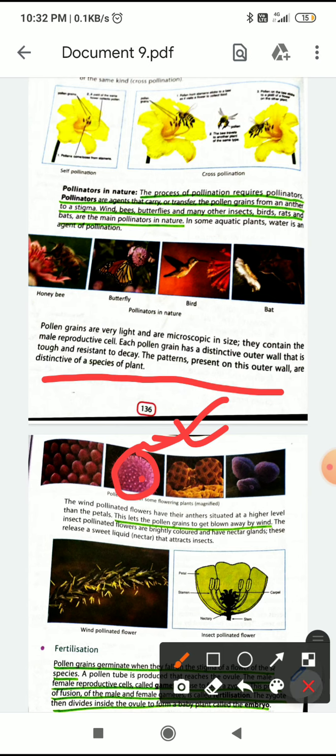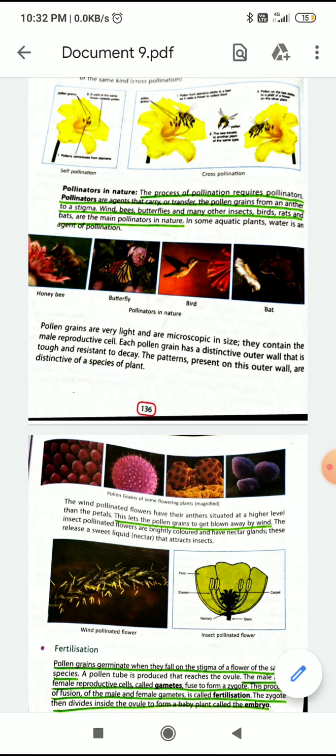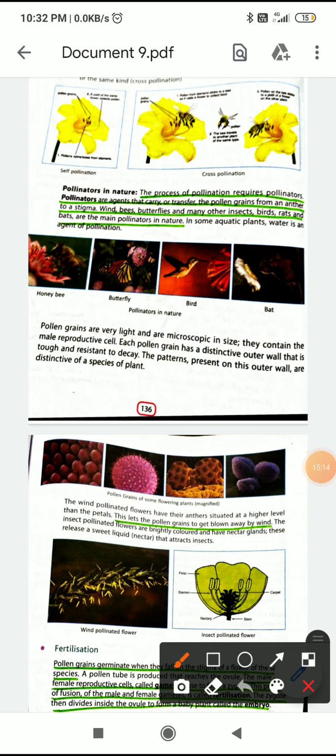So pollinators have a great role. Why are pollinators attracted to the flower? See, dear children, here is the petal. Petals are colorful. Why are we very much attracted towards the flower? Because flowers are colorful, and due to their colorful nature and their flavor, insects are attracted, and due to that attraction the cross pollination is done.